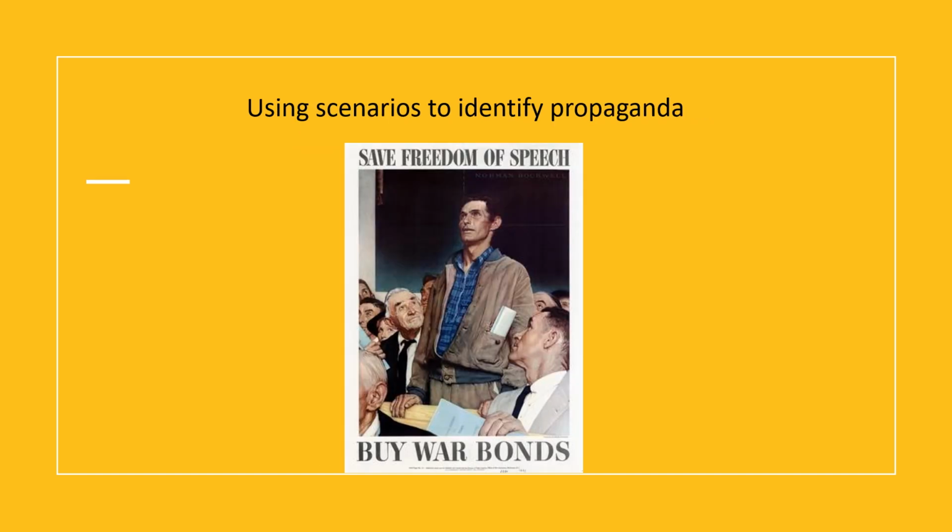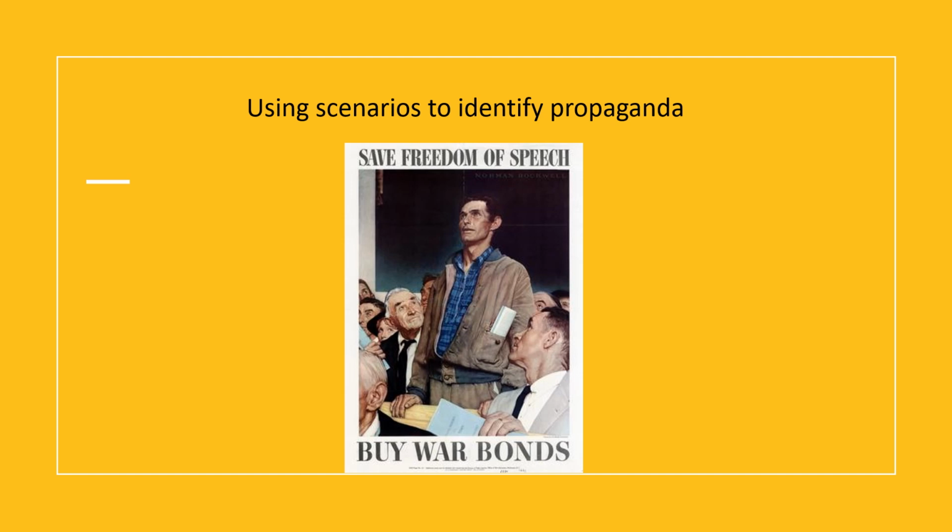And this is our last poster that we're going to be looking at, focusing on identifying propaganda. Propaganda is used to persuade people to take a particular action using images. And so here we have someone who's standing up in a room of people who are seated. The person has something in their pocket.